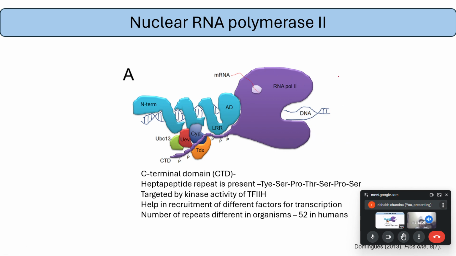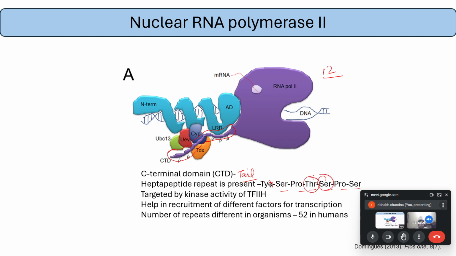It has 12 subunits in total, and one polymerase subunit has an extended C-terminal domain that is called a tail. As you can see in this structure, this is the C-terminal tail of RNA polymerase 2, and it has a repeat of a heptapeptide sequence: tyrosine, serine, proline, threonine, serine, proline, serine.